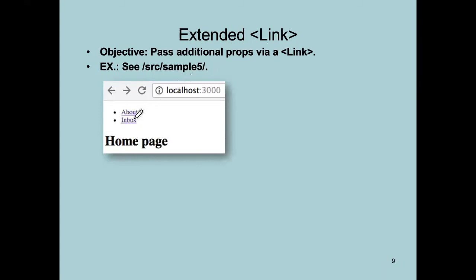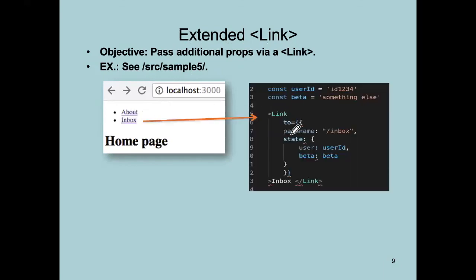So the idea is that this hyperlink here is implemented with Link, but here's how I've actually implemented the Link. My to prop now is not taking a string, it's actually taking an object. The double curly braces is important here because the outer curly brace is just honoring the fact that we have to wrap any variables mixed into our JSX in curly braces so that they get evaluated.